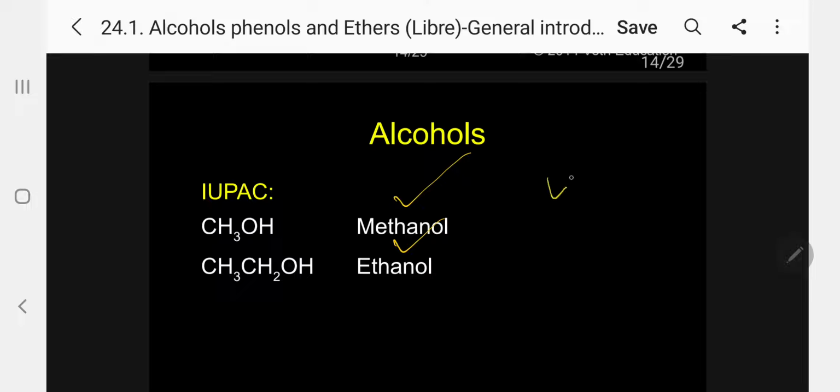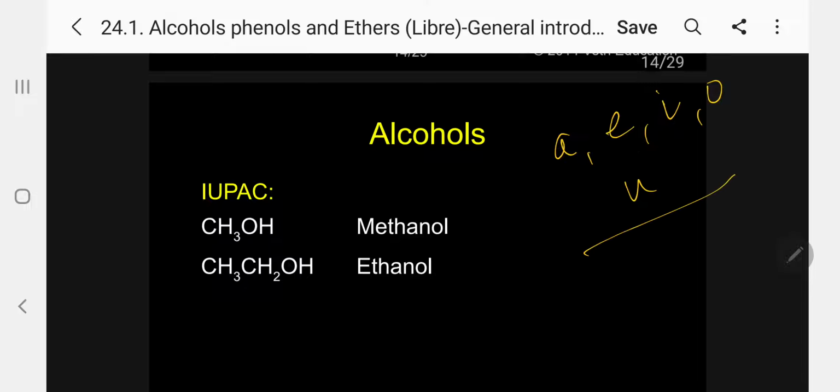Whenever vowels come, A, E, I, O, U, the E of the hydrocarbon name, methane, will be dropped and the suffix of the functional group should be added. This is the IUPAC name we have discussed already under the basic concepts of chemistry. So methanol, ethanol.